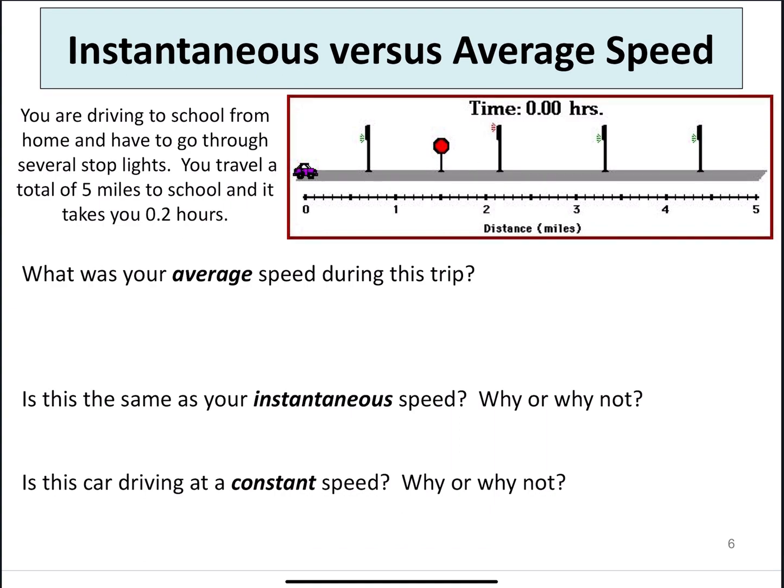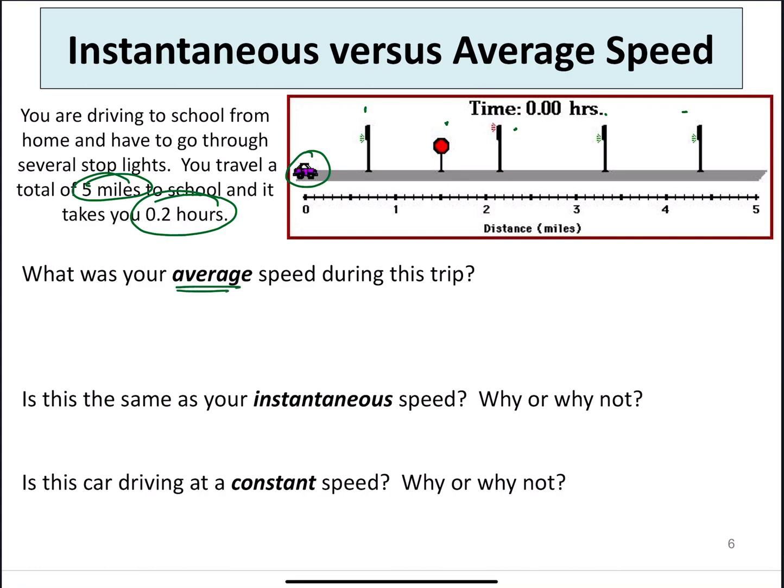Now let's talk a little bit about the difference between instantaneous and average. So here we have an example. We have a car that's driving to school from home. And as part of that trip, they go through several stoplights and a stop sign or two. The travel is a total of 5 miles, and it takes about 0.2 hours to make the trip. So the first question is, what is your average speed?